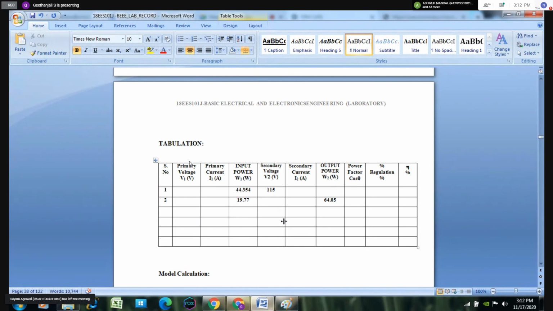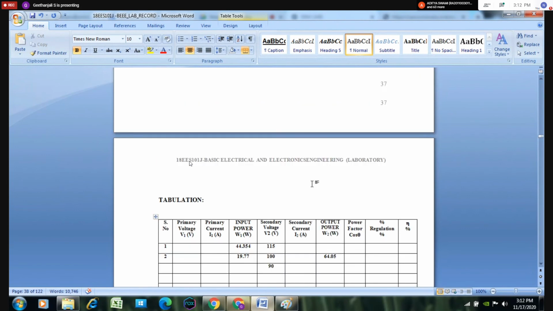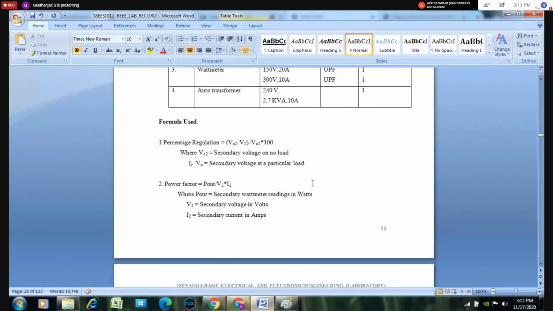The no load voltage on the secondary side should be equal to 115. While you are loading the secondary, the voltage will get reduced. While calculating the regulation, the formula is 115 minus the loaded voltage, divided by 115. All of you make a note here. This is a very important point, or else you will get confused while calculating the percentage regulation.